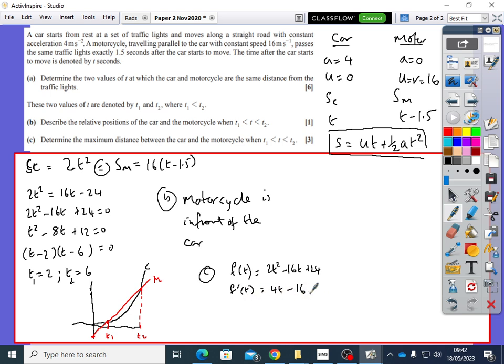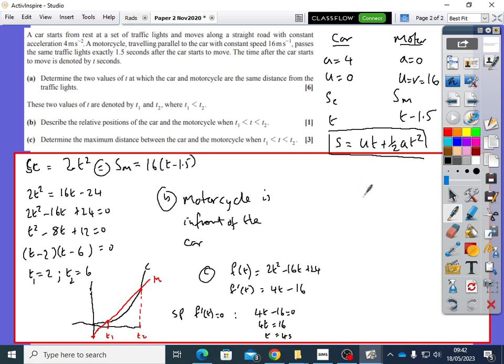So if I make f dash of t equal to 0 to give me the stationary point, I'll get 4t minus 16 equals 0, 4t will equal 16, and therefore t will equal 4 seconds. So at 4 seconds the distance between the motorbike and the car is going to be at its maximum. Find the maximum distance between the car. So that's when it's going to occur.